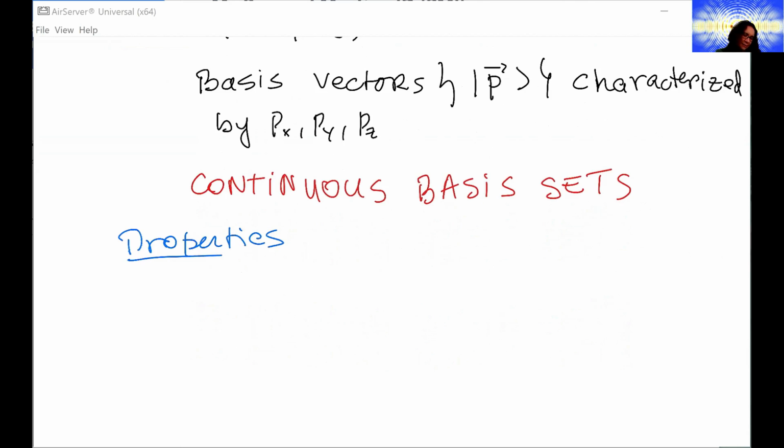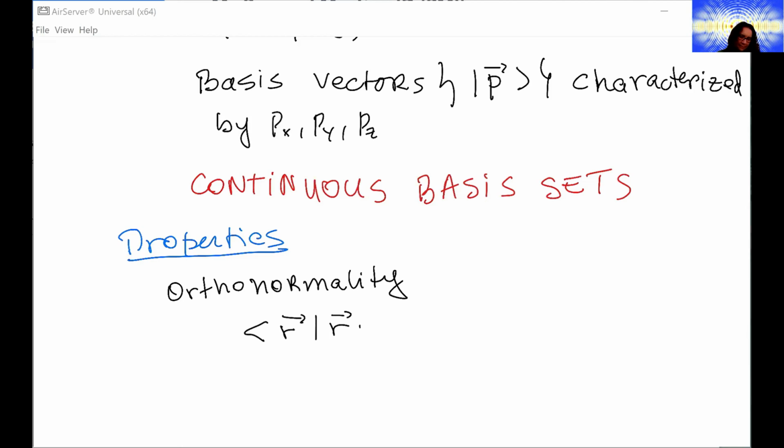We had said from the beginning that if you have a continuous basis, and we assume that these basis vectors are orthonormal, this means that something like this has to hold, right?